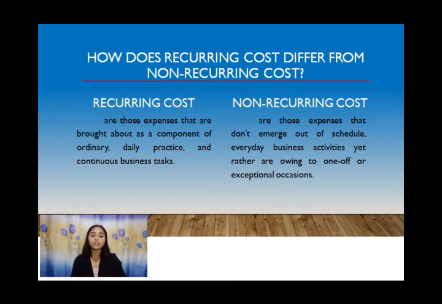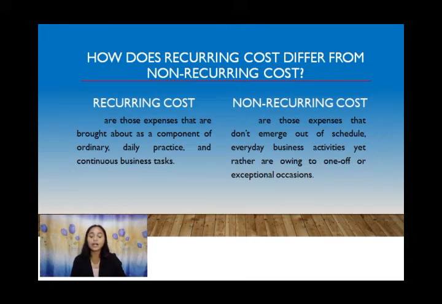Now, how does recurring cost differ from non-recurring cost? Recurring costs are those expenses that are brought about as a component of ordinary daily practice and continuous business tasks. To guarantee continued business activities, these costs are incurred often on a periodic basis, while non-recurring costs are those expenses that don't emerge out of scheduled everyday business activities, but rather are owing to one-off or exceptional occasions.